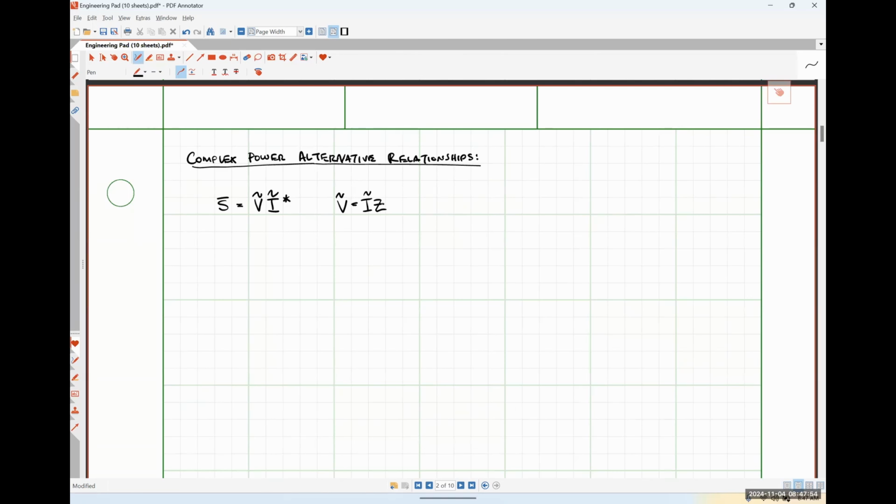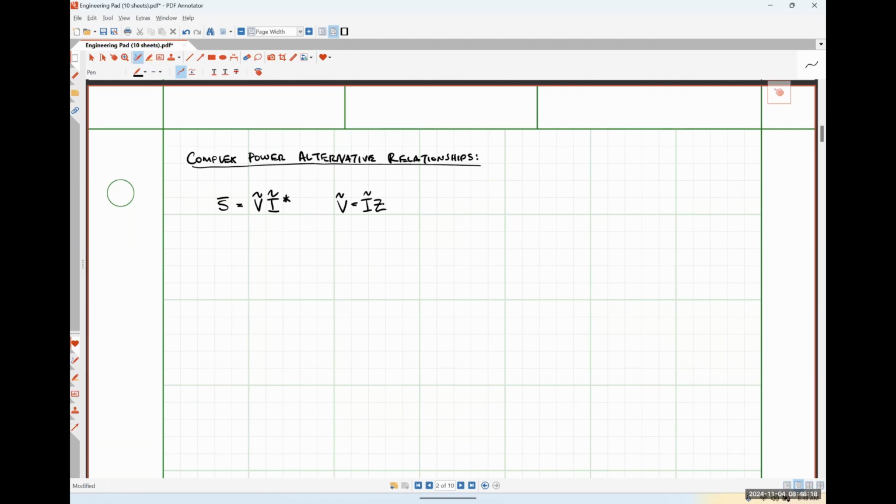So I can take these two relationships and smash them together, and that would allow me to calculate the complex power absorbed by a particular element or network, only knowing the voltage or only knowing the current. So instead of knowing both pieces of information, I can get away with only knowing one of them. So this is another one of those handy shortcuts that I'm trying to show to you guys, okay?